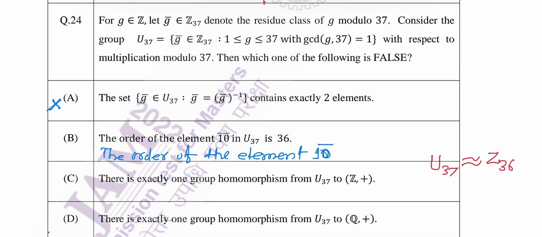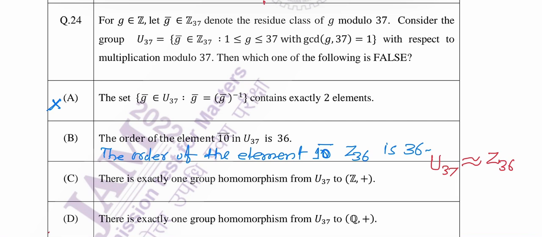Since U37 is isomorphic to Z36, in place of U37 I write Z36, and the order is 36. We have to check this blue statement, which is equivalent to the statement given in option B.